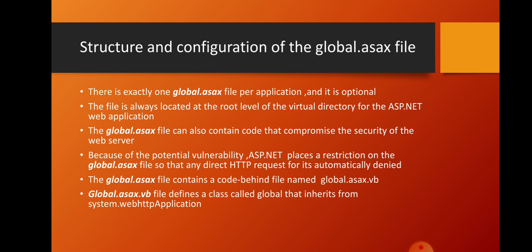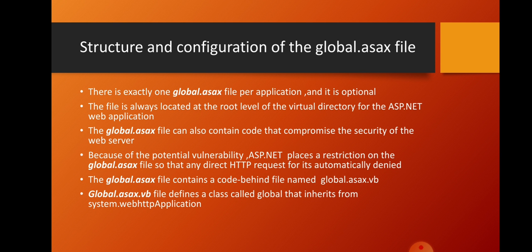The global.asax file consists of a code behind file also. The code behind file contains the events which are written. That code behind file is named global.asax.vb. Why is it extended as .vb? The code behind file is programmed in the programming language Visual Basic.